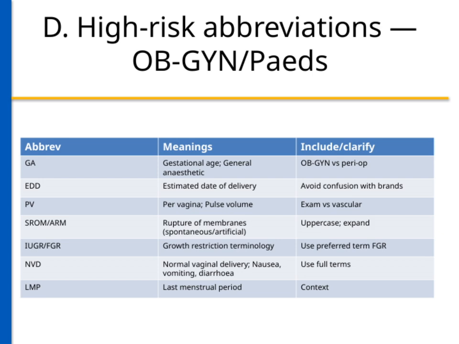Lastly, LMP, or last menstrual period, is often used to estimate gestational age, but again, context is key to understanding its exact application. Remember, these abbreviations are frequently used in high-risk scenarios in obgyn and pediatrics, so being familiar with their meanings and proper usage helps ensure clear communication and patient safety.